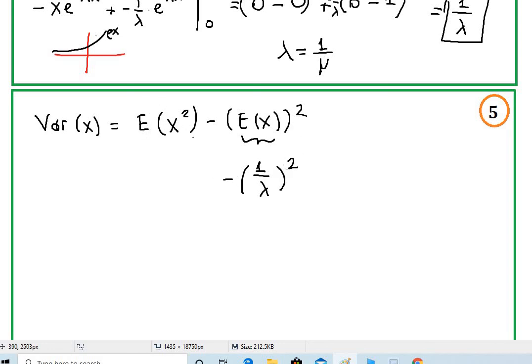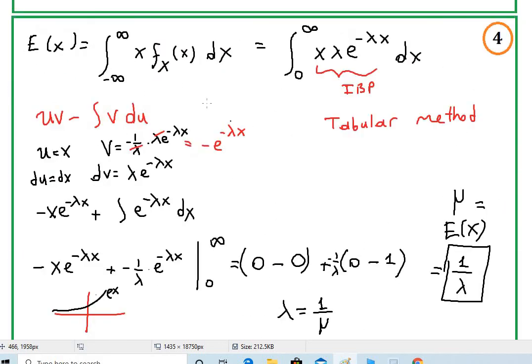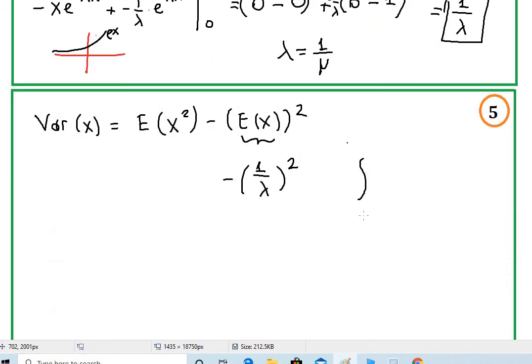And the expectation of x squared can be found by the same method we used for the expectation, but this time we're going to multiply by x squared. So from 0 to infinity, by definition, x squared times the density function, which is lambda times e to the negative lambda x dx.